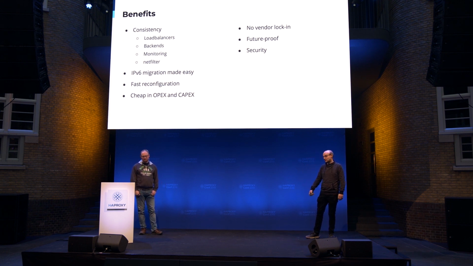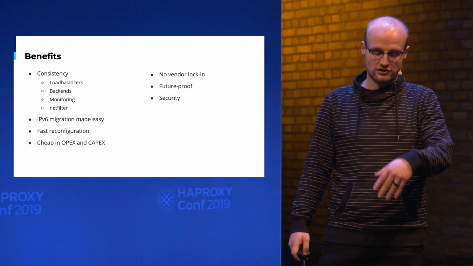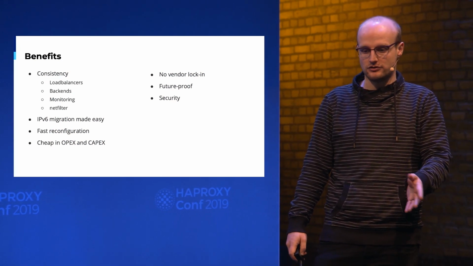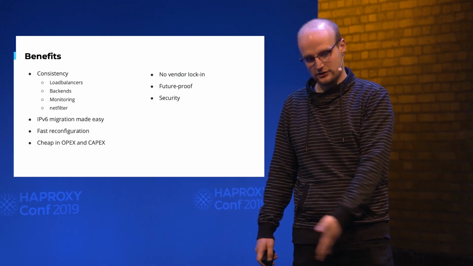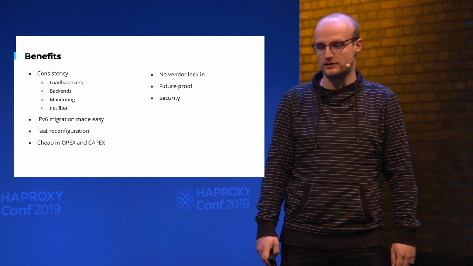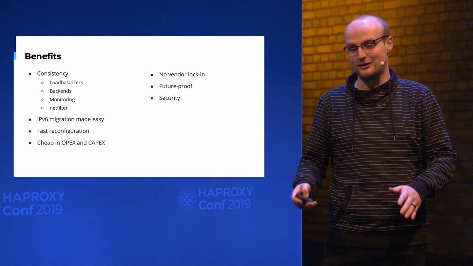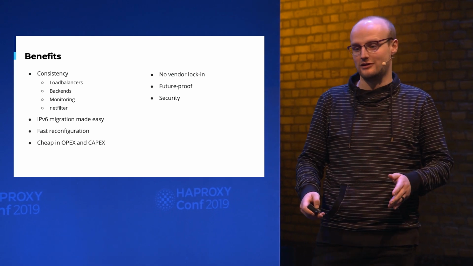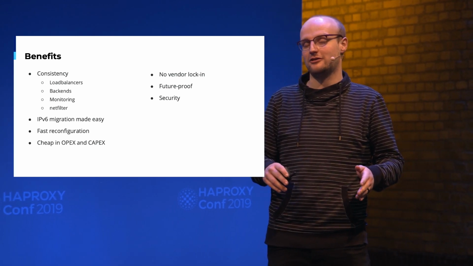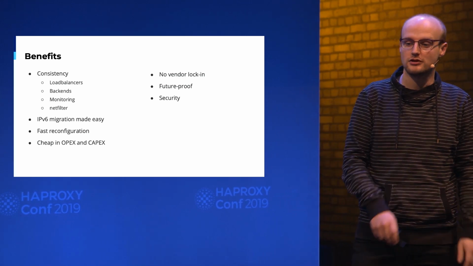We have fast reconfiguration, because if I change something in this defaults file, I can rebuild a whole batch of servers in seconds. And it's really cheap. It's really a cheap solution if we compare it to our old Big IP solution.